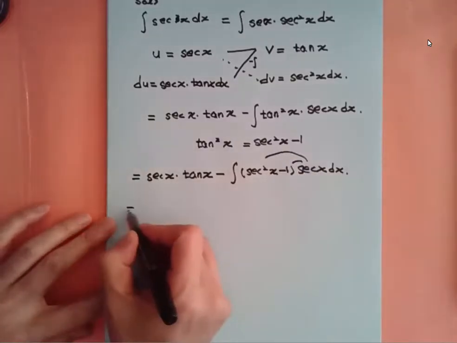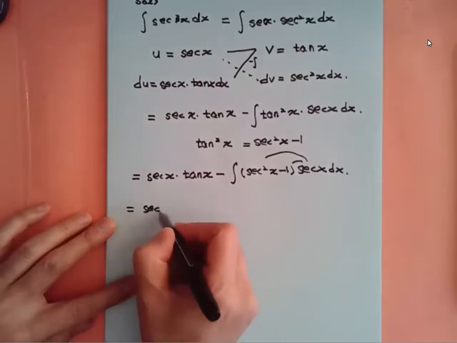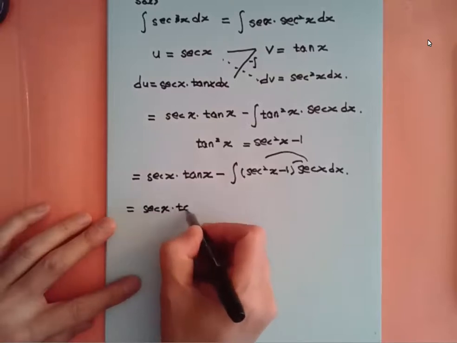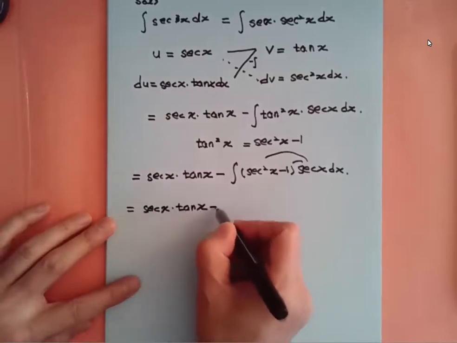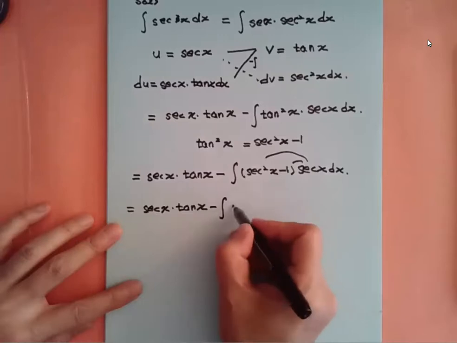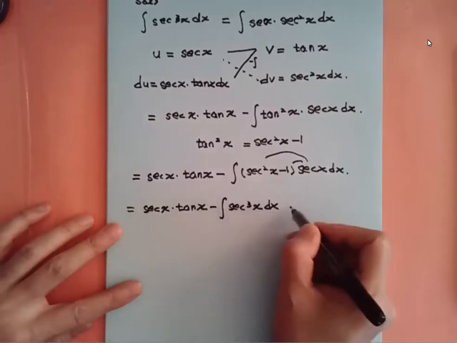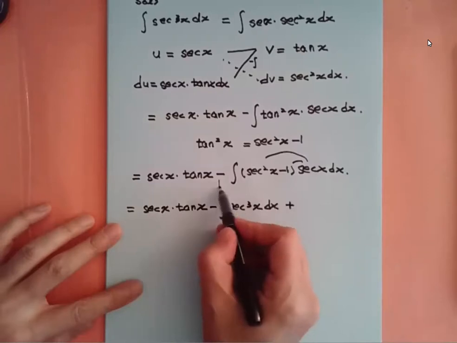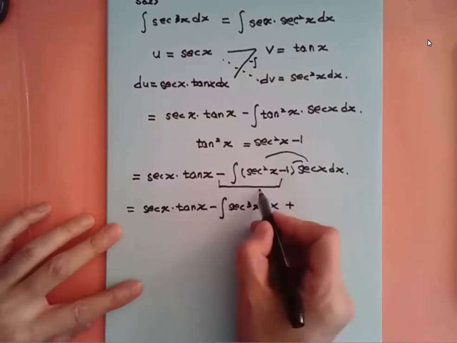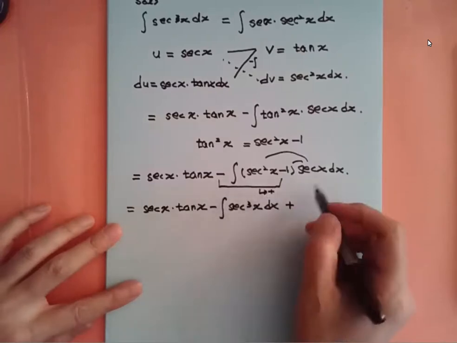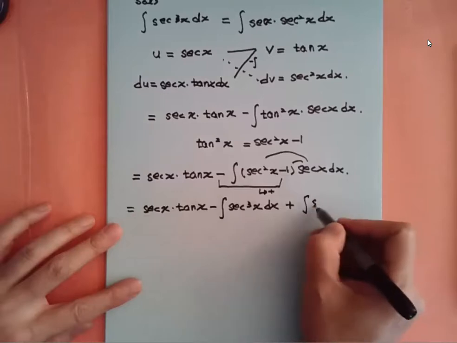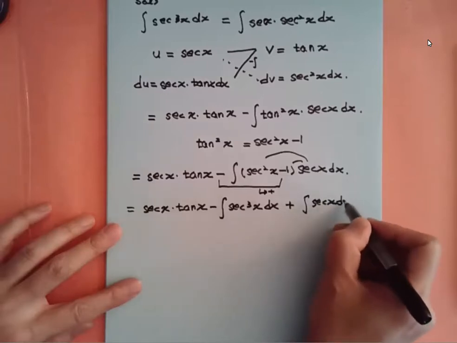And then that becomes secant of x times tangent of x minus the integral of secant cubed of x dx plus, because minus will make plus, the integral of secant of x dx.